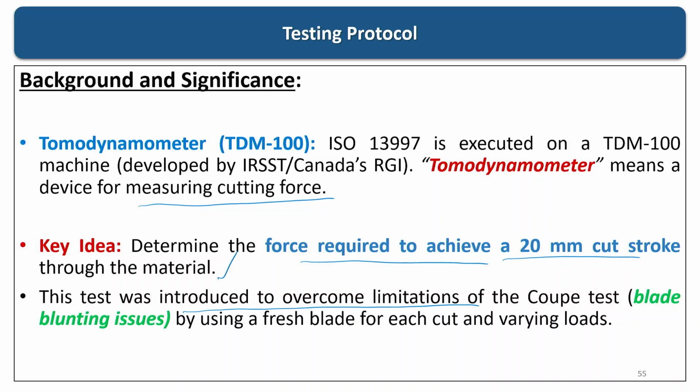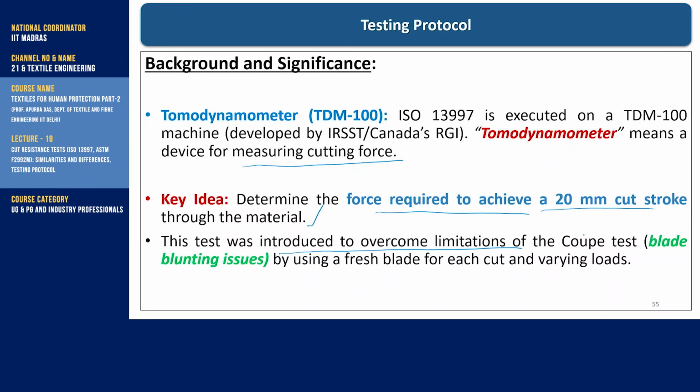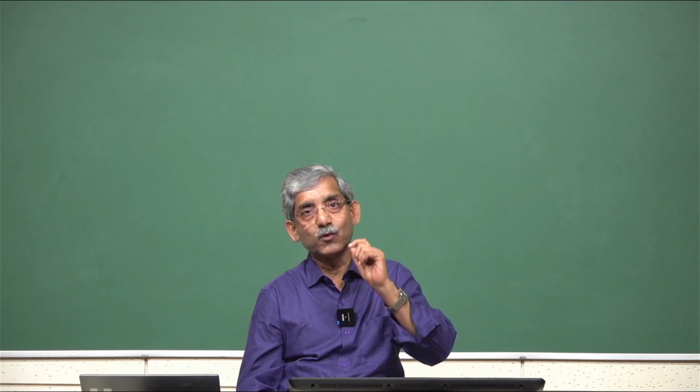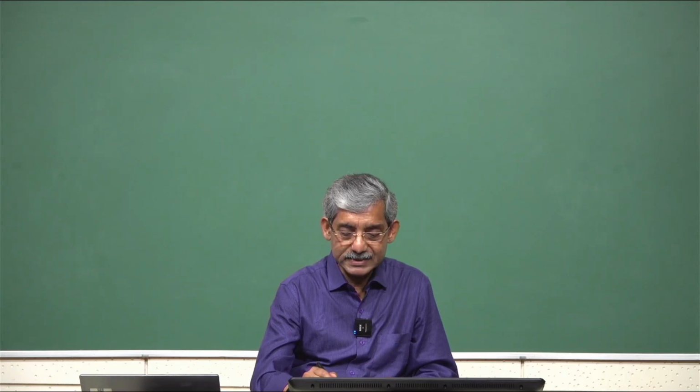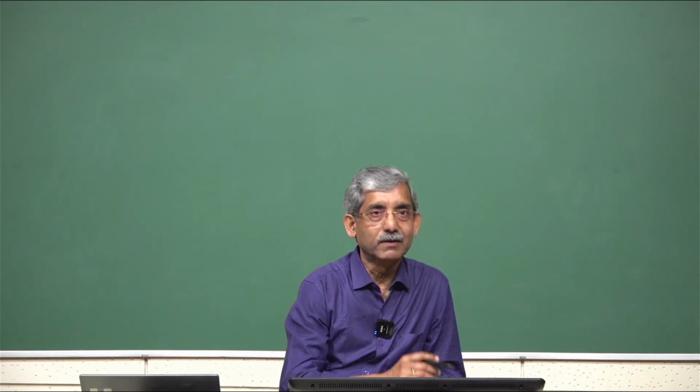But some procedures are followed to minimize the blade blunting issue, which is called blade dulling, that we will discuss: using a fresh blade for each cut and varying loads. So frequent blade change is required in TDM.